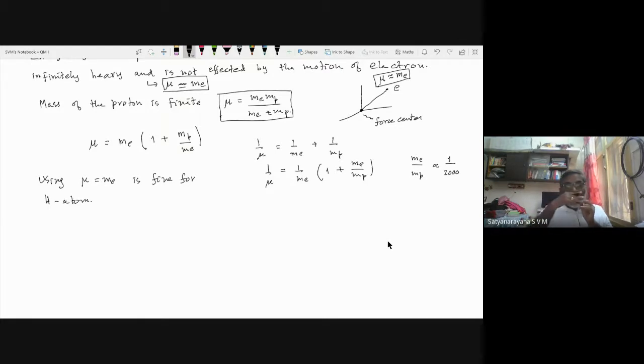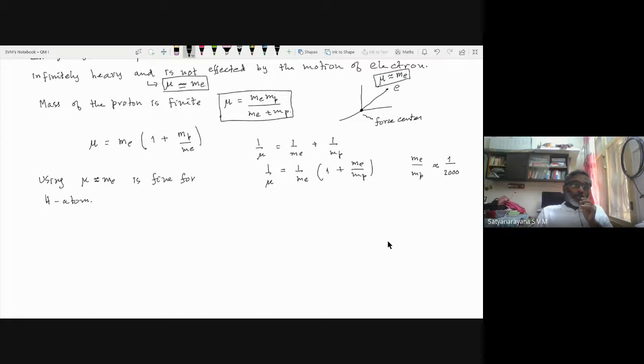That means the infinite mass approximation, that the proton is infinitely heavy, seems to be fine for the hydrogen atom, considering the large difference between the mass of the electron and the mass of the proton. Okay, so this is a good approximation. So this is fine to calculate this one.